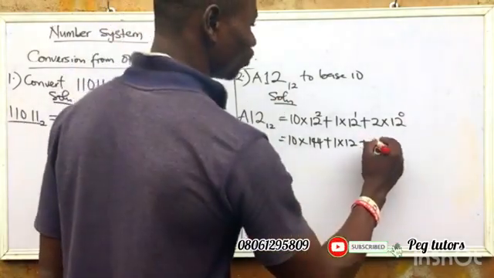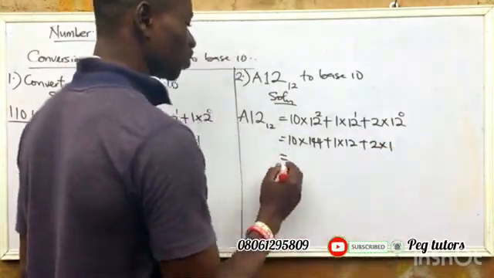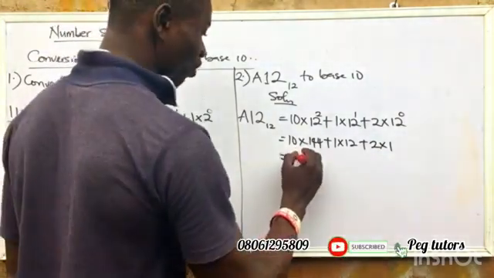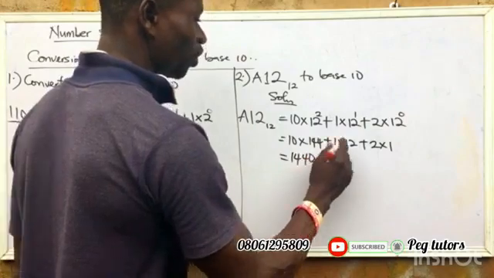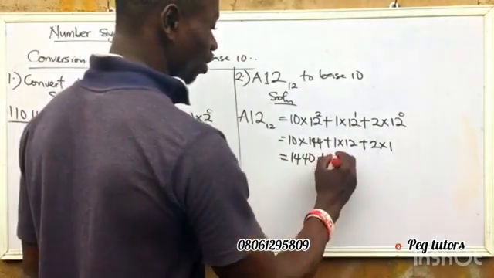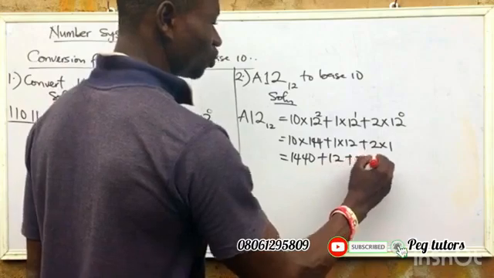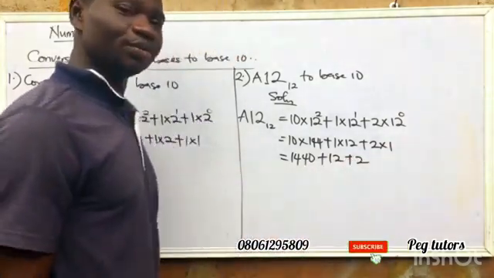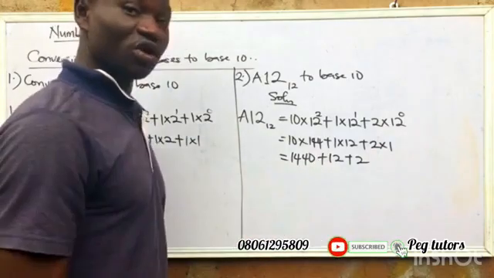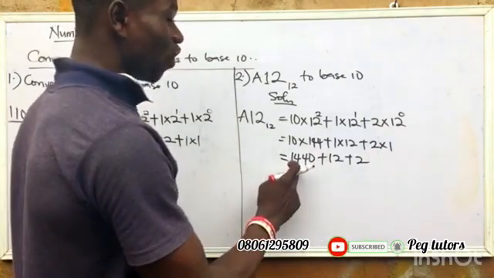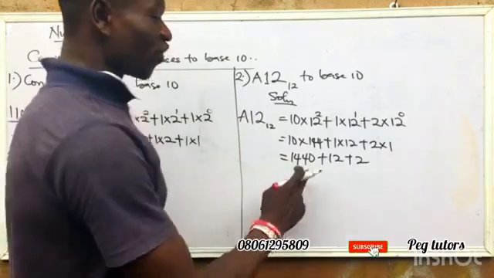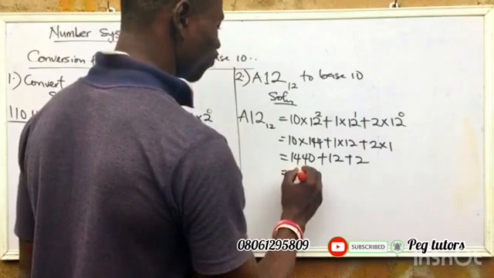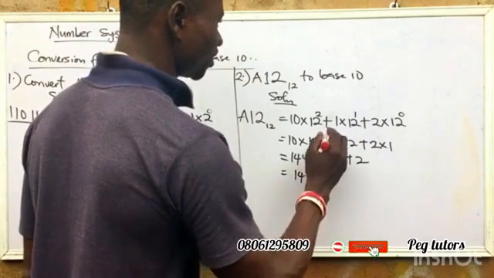So 10 times 144 is 1440, plus 1 times 12 gives us 12, then plus 2 times 1 gives us 2. So 1440 plus 12 gives us 1452, and 1452 plus 2 gives us 1454. So that gives us 1454 base 10.